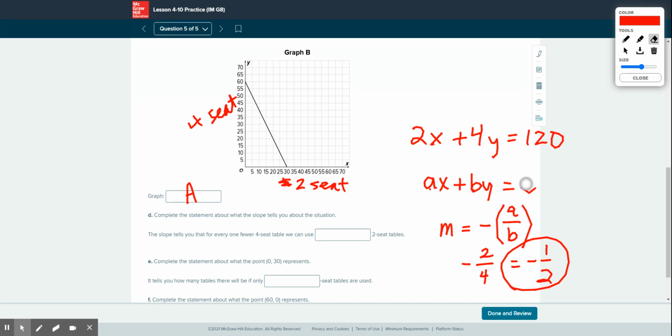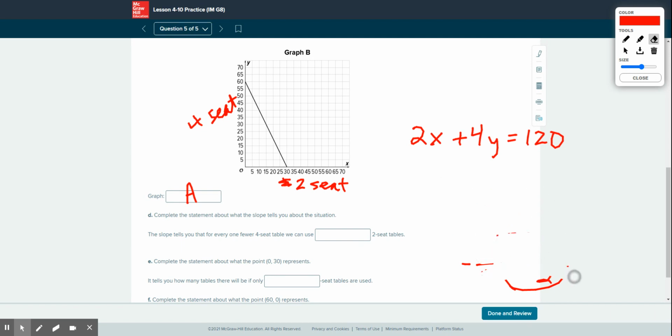If it does not make sense to you, then what we need to do is solve our equation to slope-intercept form so we can see the slope, or we just simply solve this for Y by subtracting 2X from both sides. And we get 4 times Y is equal to -2X plus 120.